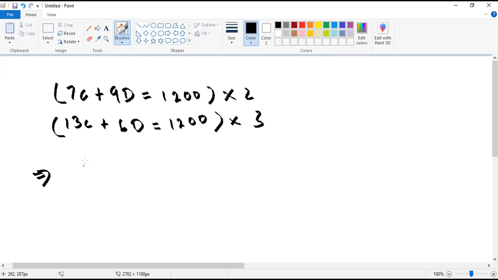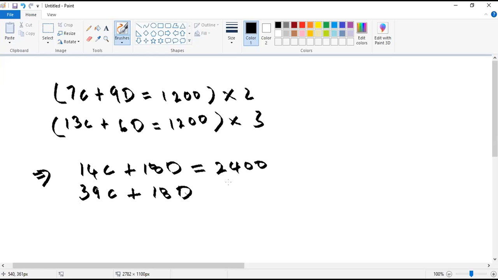This would be 14C plus 18D, and that would give us 2400. Then this now would be 39C plus 18D, and this looks like 3600.